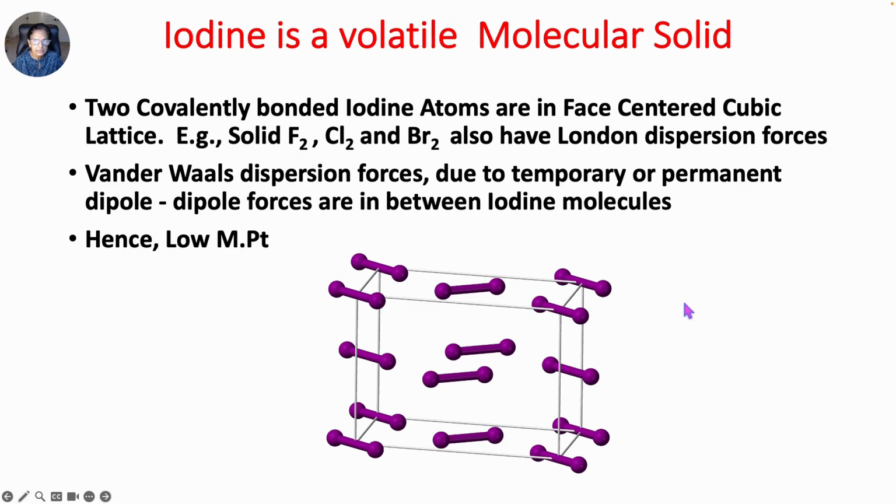This is the face-centered cubic structure of iodine. Similarly, solid halogen molecules also have London dispersion forces akin to dipole-dipole forces. So these are all the examples of the 4 different types of solids.